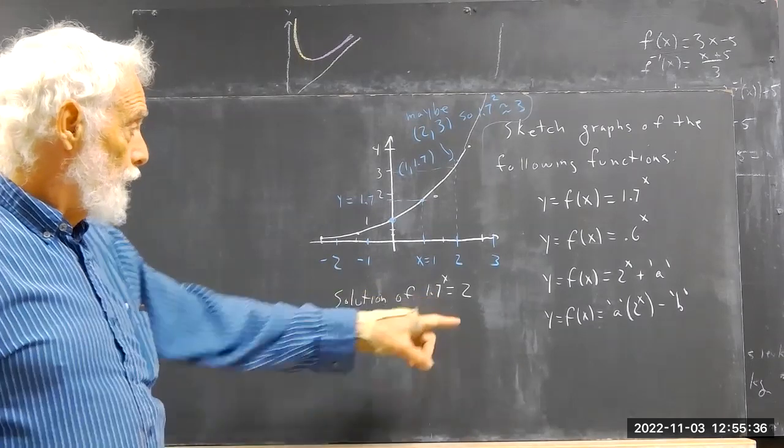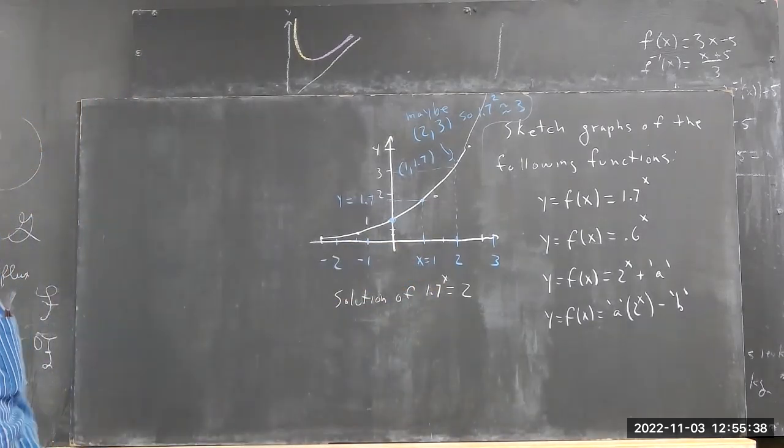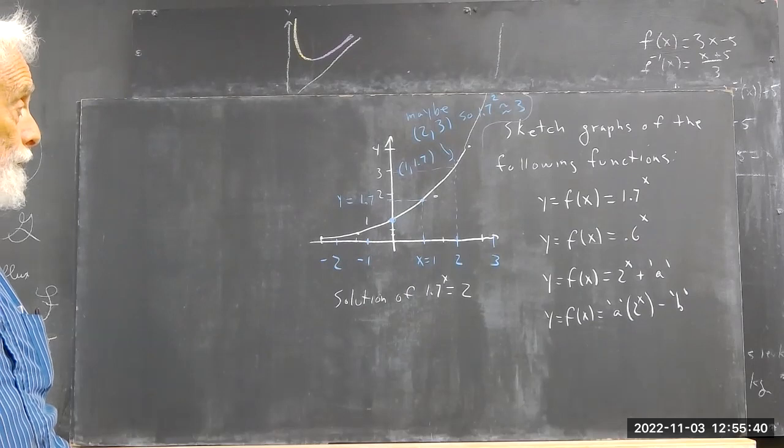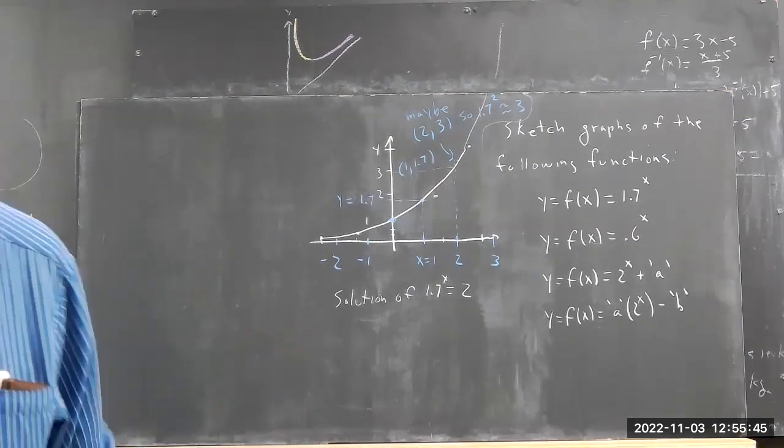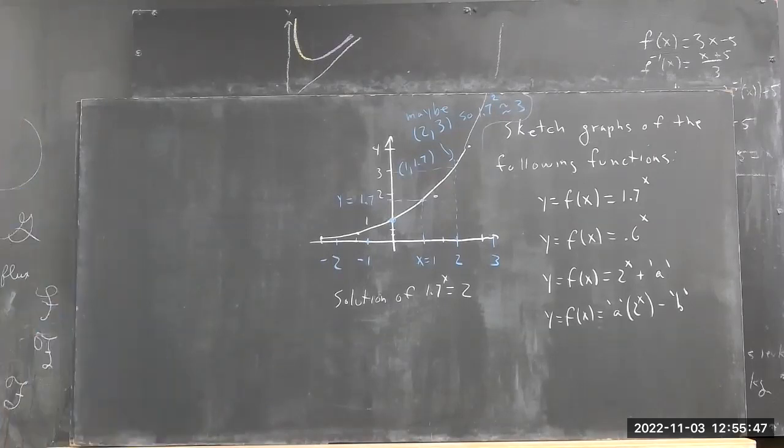But according to the graph, what would it be? What does it look like? Write down a ballpark figure on your paper.